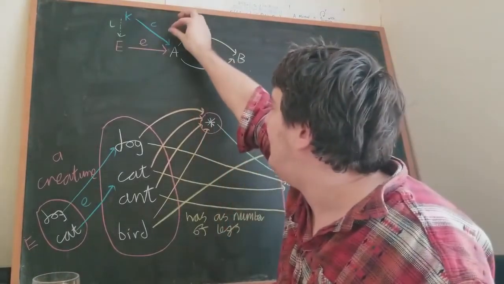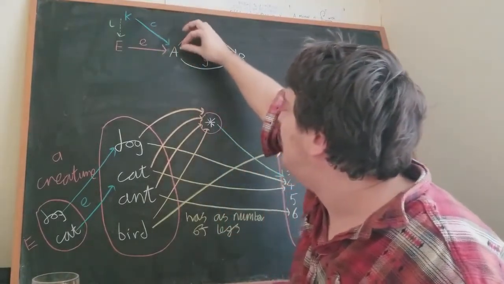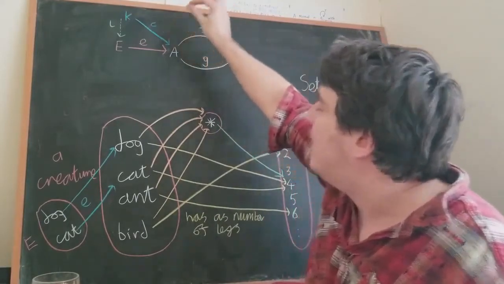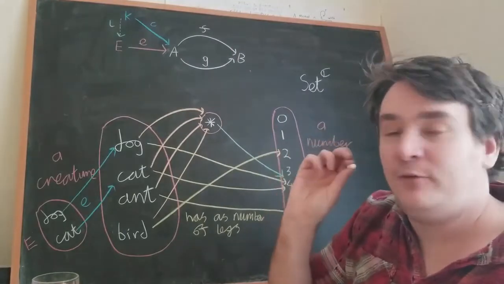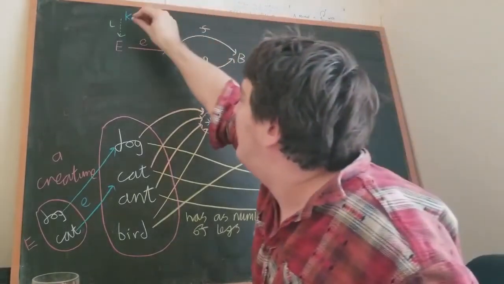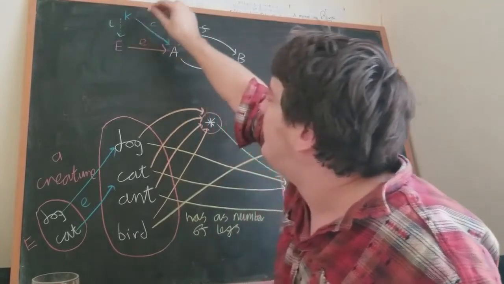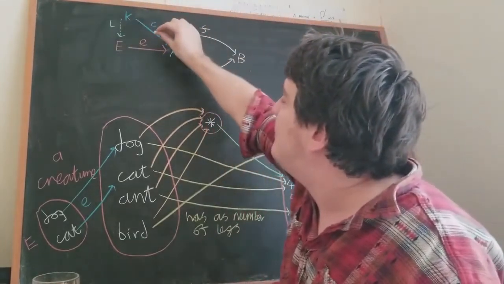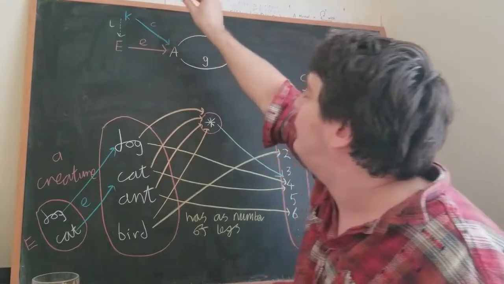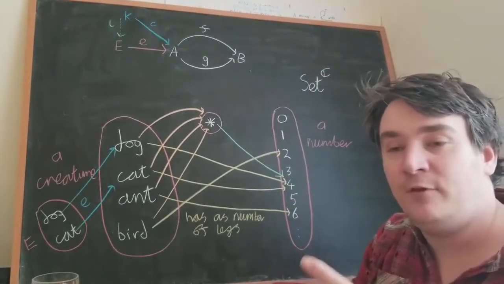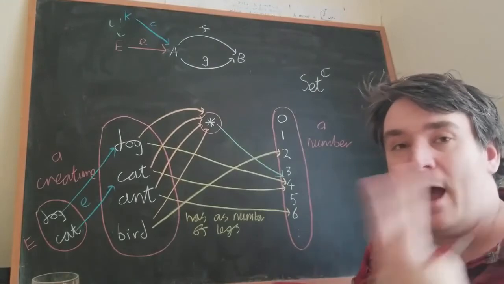And for any such candidate, for any arrow C into A such that F after C equals G after C, there exists a unique arrow L from the source of C to the source of E such that E after L equals C. Okay, so basically it's the usual idea in these universal constructions.